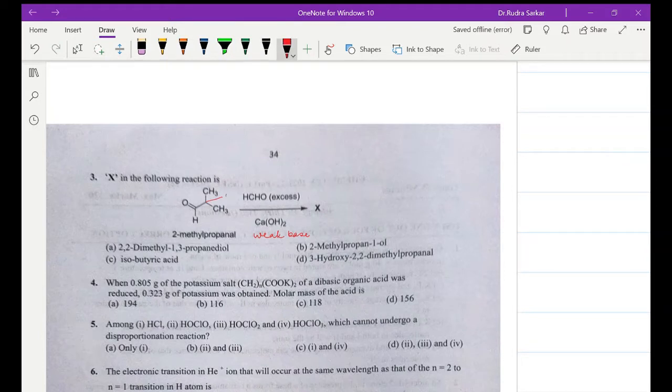We have an alpha H proton over here. So what will happen is this base will take up this proton, and we know formaldehyde is more reactive than 2-methyl propanol. So over here this minus charge will now make a nucleophilic attack over here, all the steps being reversible in nature.